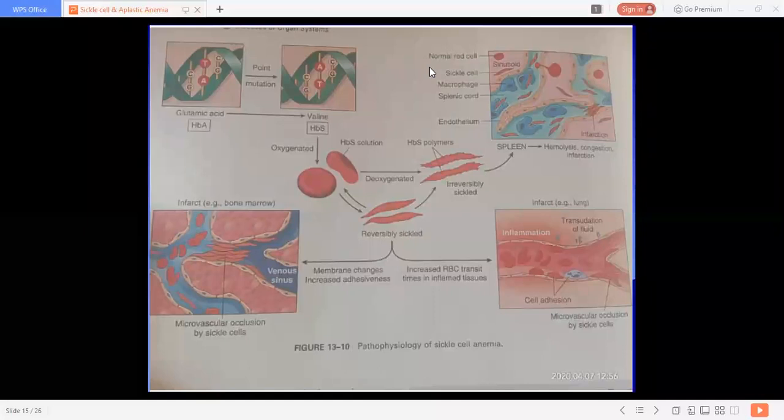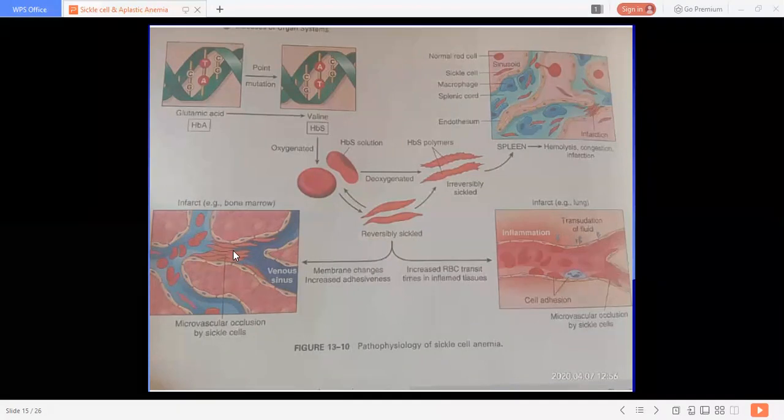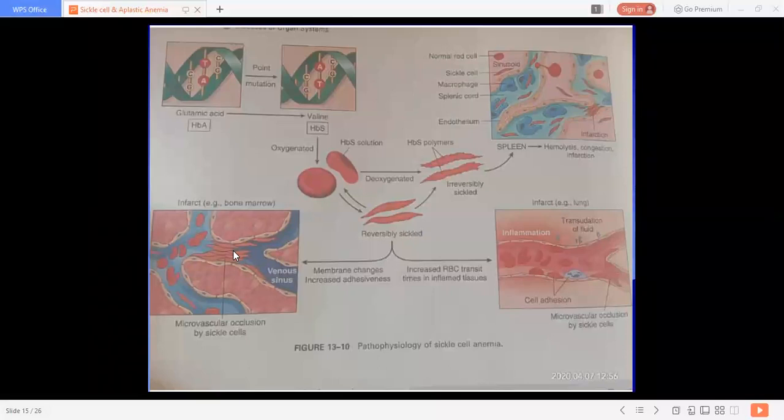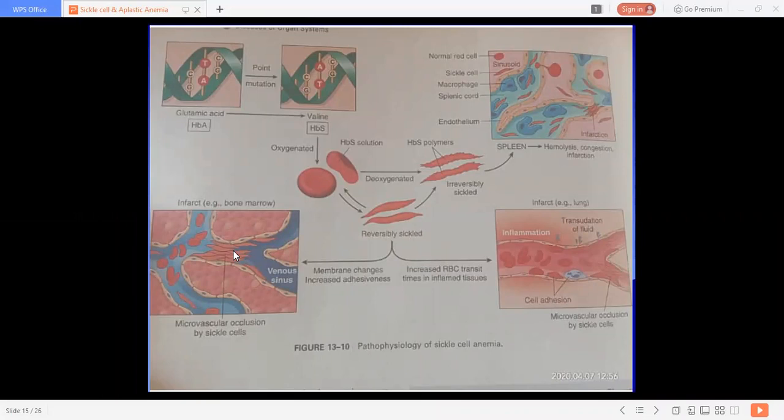You can see in this picture. In bone marrow hyperplasia, the first thing is compensatory hyperplasia to correct the loss of blood cells, that is RBCs, and second is related with the accumulation or stagnation of the blood, due to sickling of the cells.